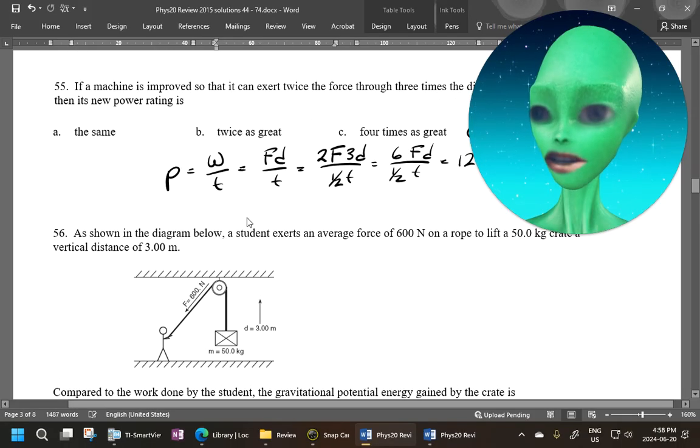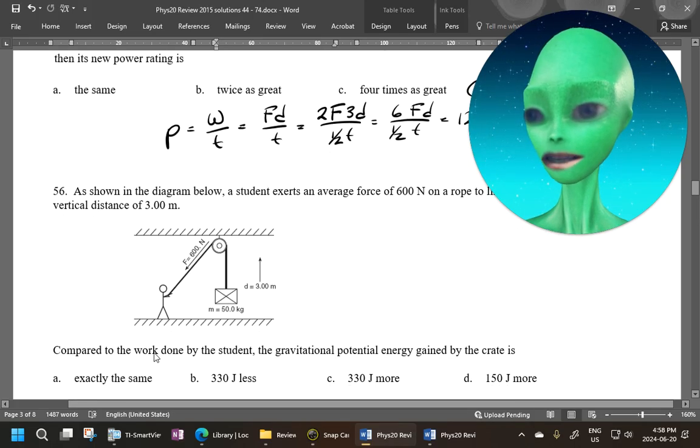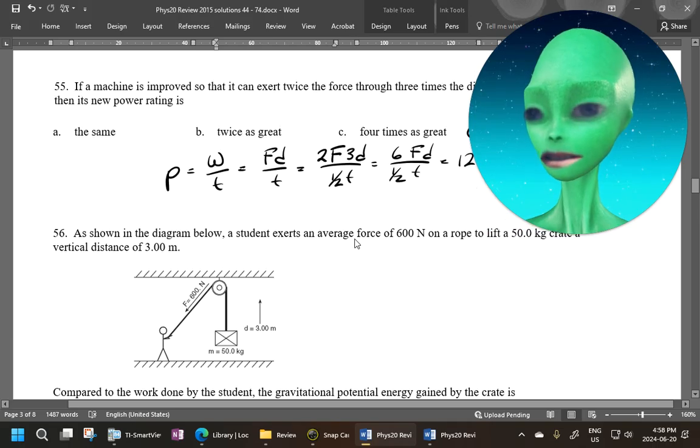Okay. As shown in the diagram, a student exerts an average force of 600 newtons to lift the crate 3 meters. Compared to the work done by the student, the gravitational energy gained, it's the same. Oh, maybe not, because it doesn't say that it stops, does it?